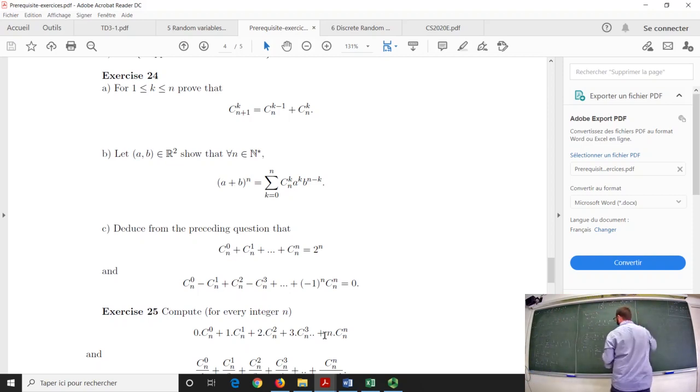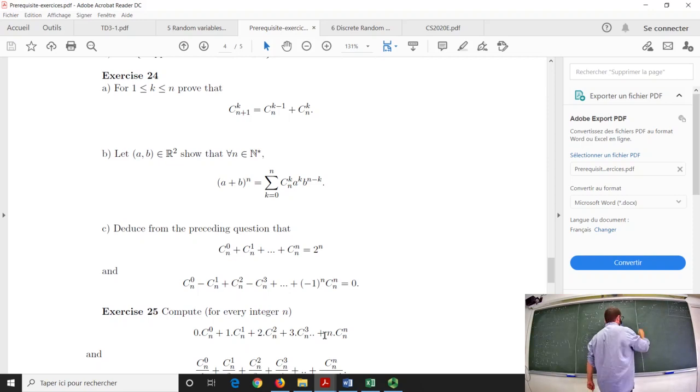I continue here. So I have a to the power n plus 1, I have b to the power n plus 1, and now I also have a sum from k equal to 1 to n of what? I have to do this one plus this one. I can put into factor this term and I obtain something like this, so we are going to write it below here.